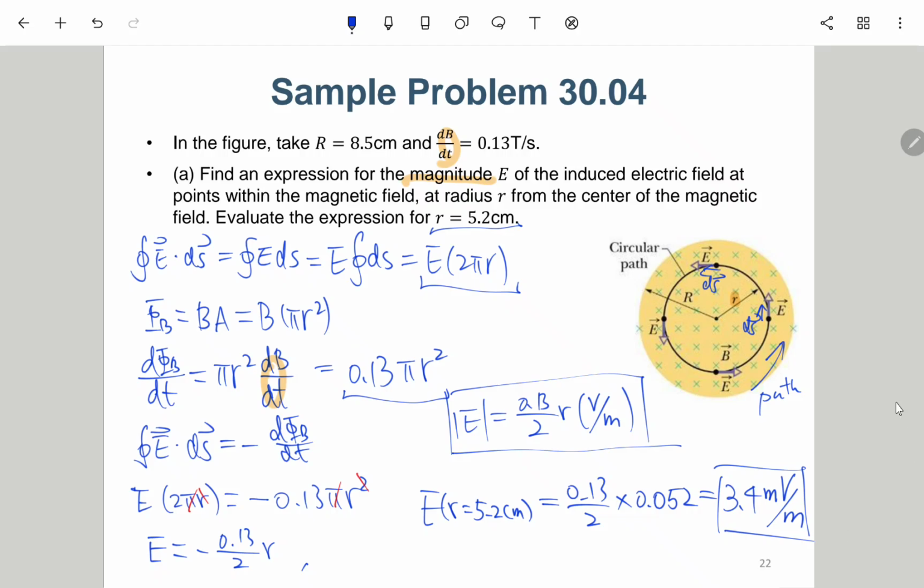So here we just found the induced E field inside this region.